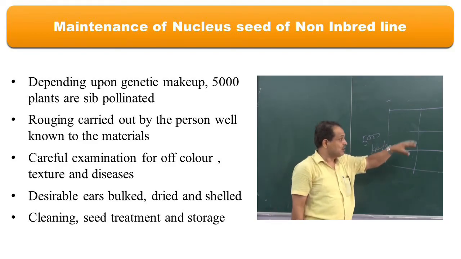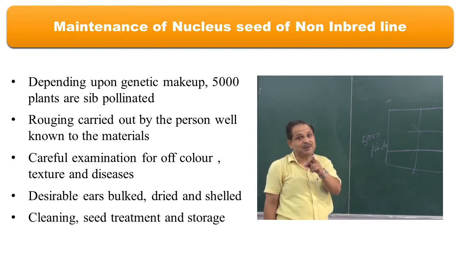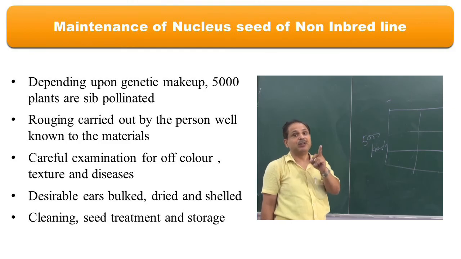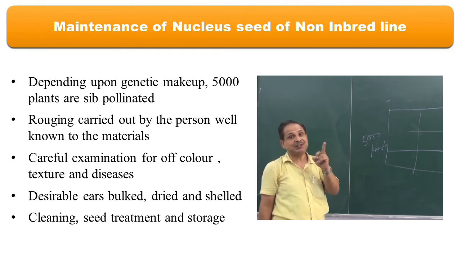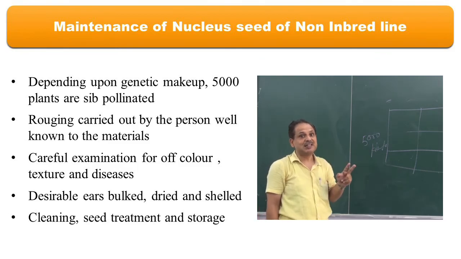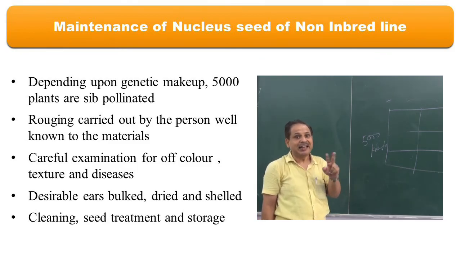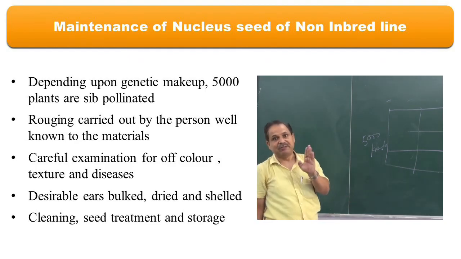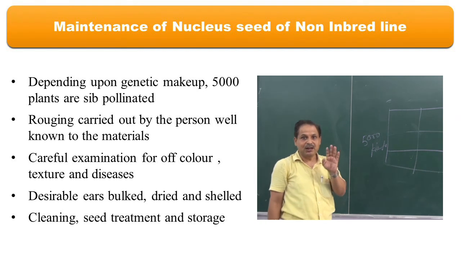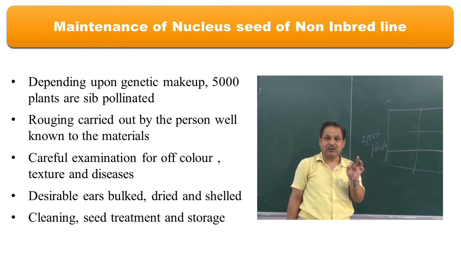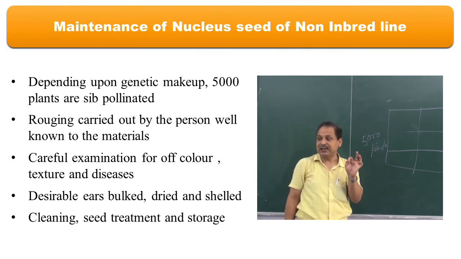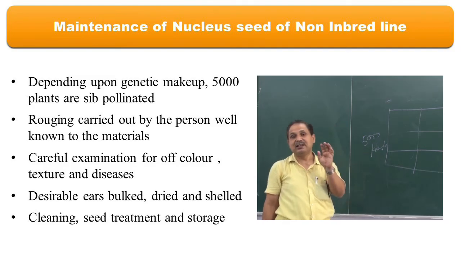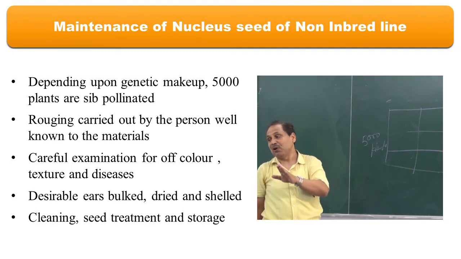We should always take care of isolation and the preceding crop requirement, because these two are very essential to avoid any contamination or impurities at the genetic level. Students, this must always be kept in mind: the isolation and preceding crop requirements.